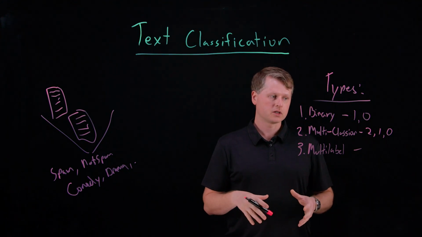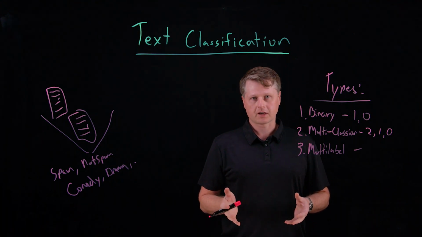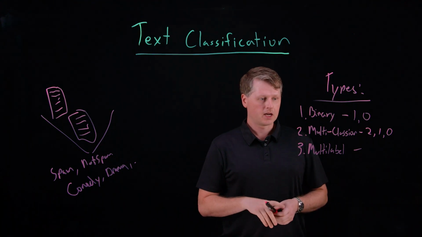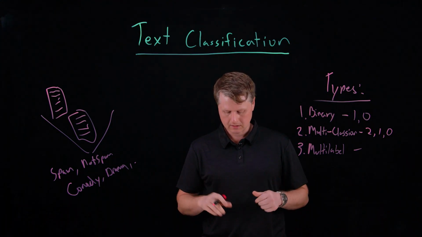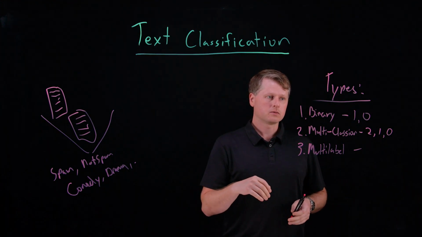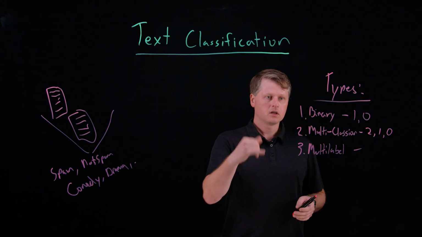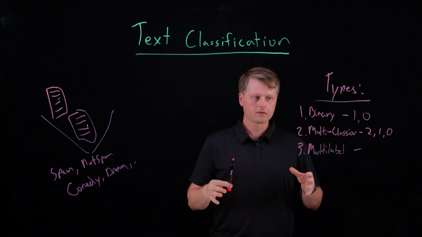So switching over to the Netflix example, a movie can be classified as action and adventure, and it has those two classifications as just that one entity. So depending on the business use case and text complexity, you'll determine which of these three major types you need to use.